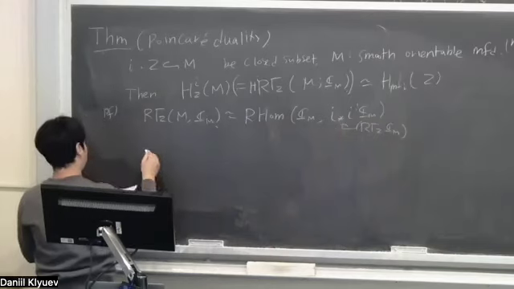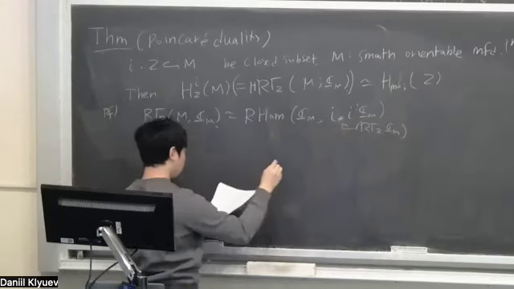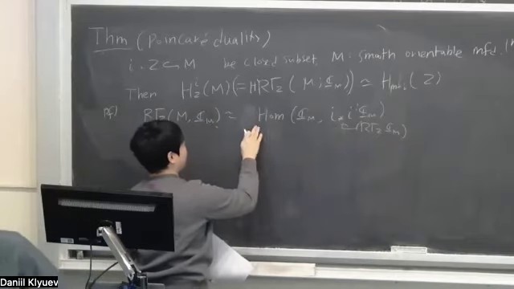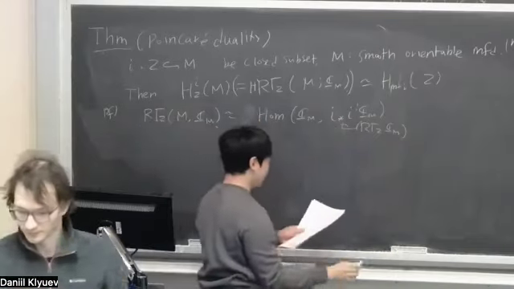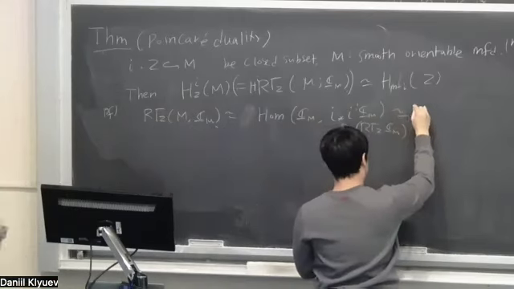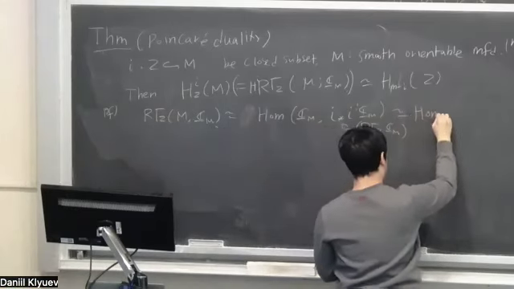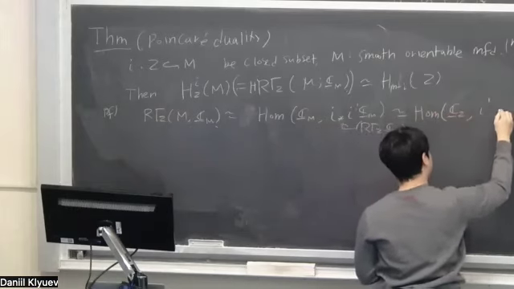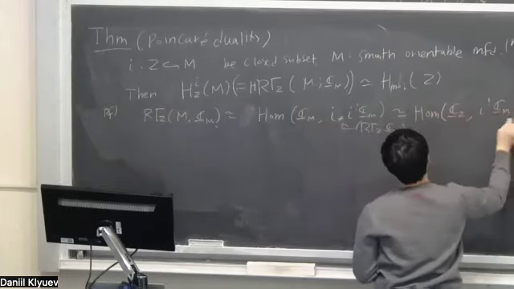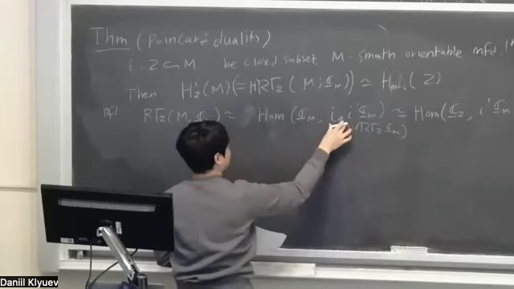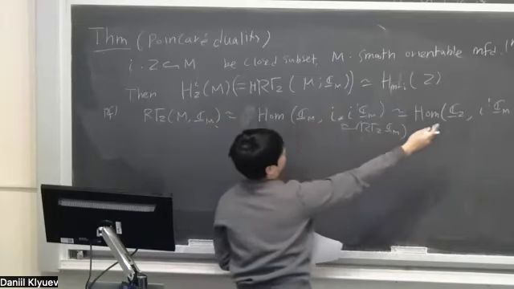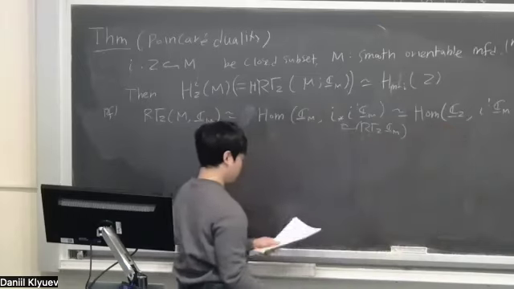And we can use, I promise not to use RHom, and this is Hom of C_Z, i^! C_M, because i lower star goes to i upper star here, and i upper star of C_M is just C_Z.